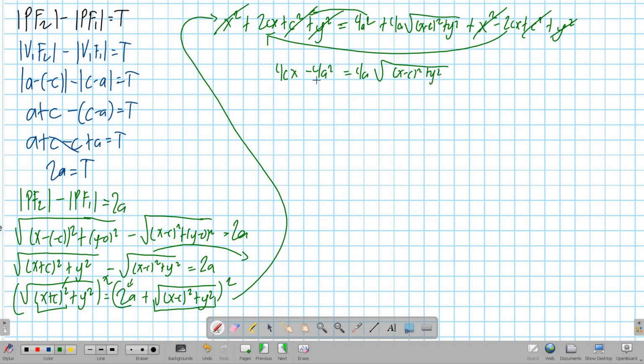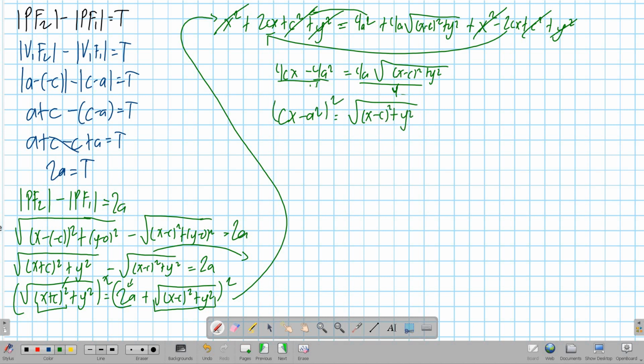It has a common factor of 4, so we can divide everything by 4. Therefore, we're going to have cx minus a squared is equal to the square root of x minus c squared plus y squared. The writing got smaller. Let's rewrite that. So we're now going to have cx minus a squared is equal to the square root of x minus c squared plus y squared.